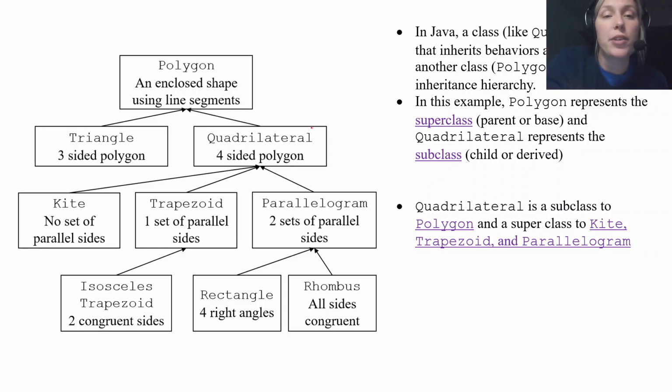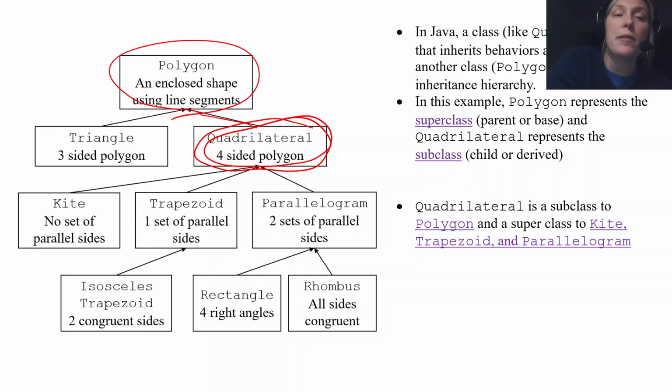So quadrilateral here is a subclass to polygon, like we just said, but quadrilateral is also the superclass to kite, trapezoid, and parallelogram. Okay. It comes back to this hierarchy. So when you make this hierarchy and you have your arrows branching off, it creates that subclass, superclass inheritance.